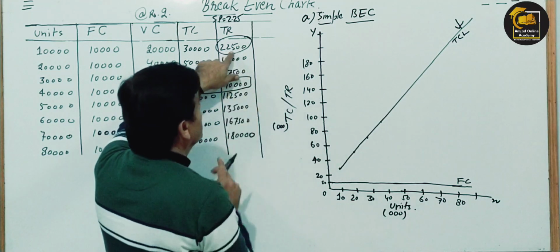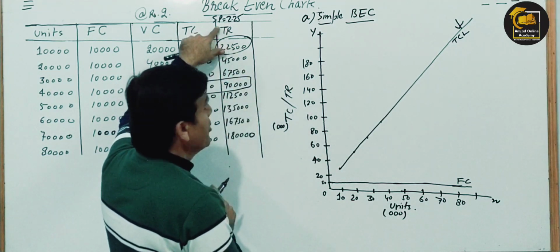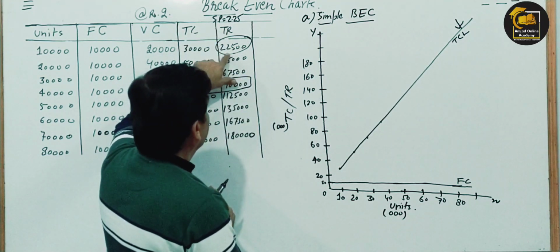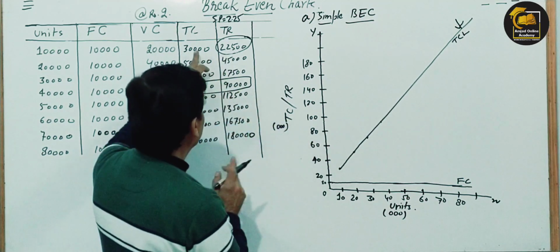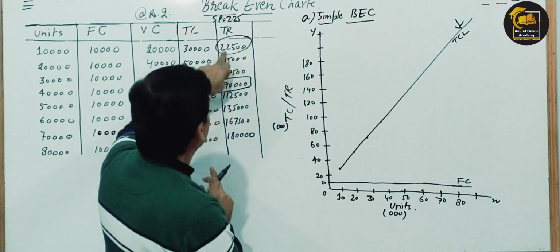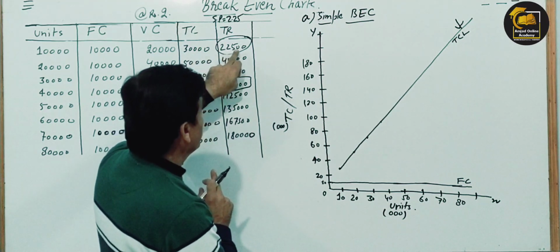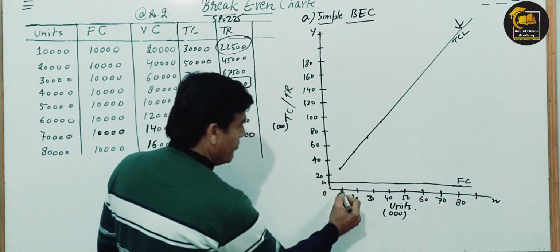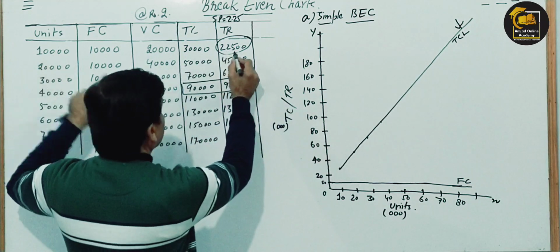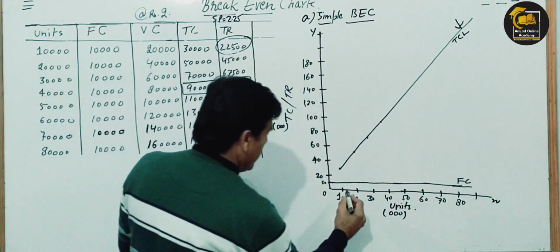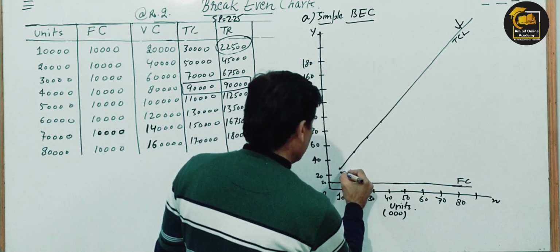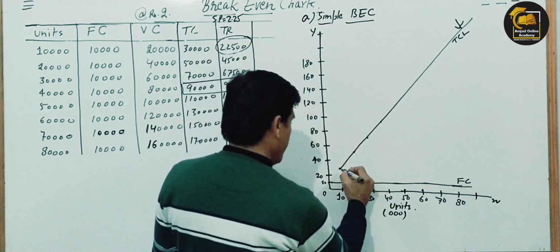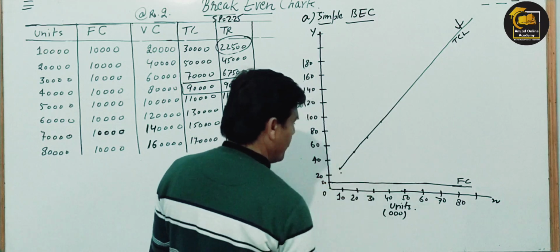Now coming to this plot, the total revenue, right? First it will go parallel, because there will be a little bit of difference. If you look, the difference is very small here also. Look, 30,000 and 22,500. So we have to start at 10,000 units. The total revenue is 22,500. So it will be around 22,000, a little bit above 20,000 here, approximately.